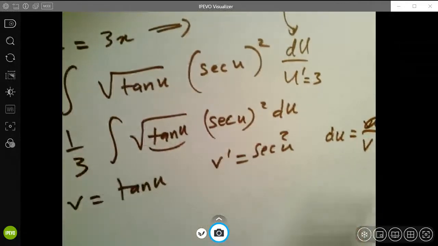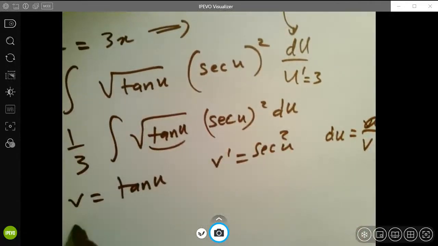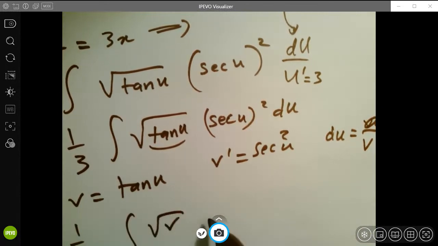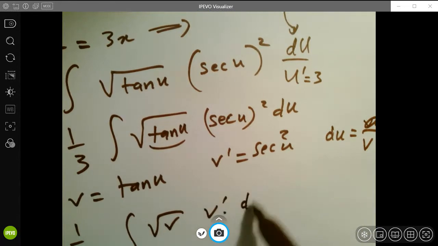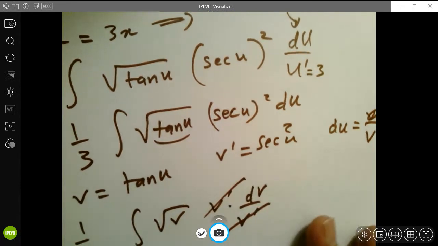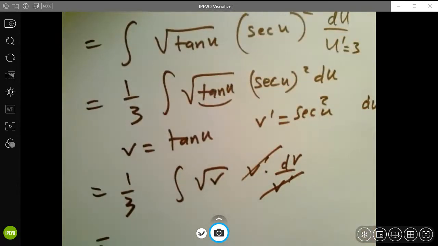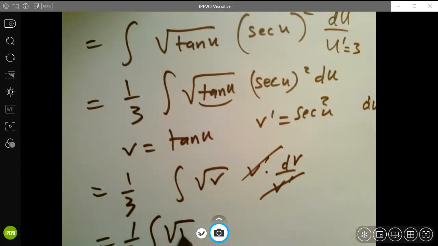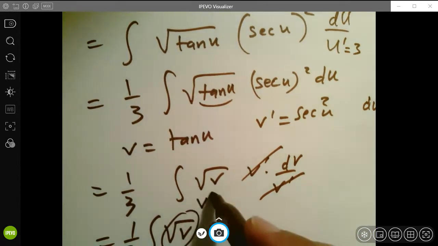So to make the story short, this one will be 1/3 integral of root of v prime dv over v prime, which then you cancel. So you will end up with just 1/3 of v to 1/2.